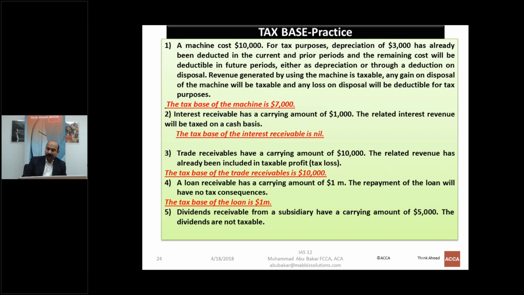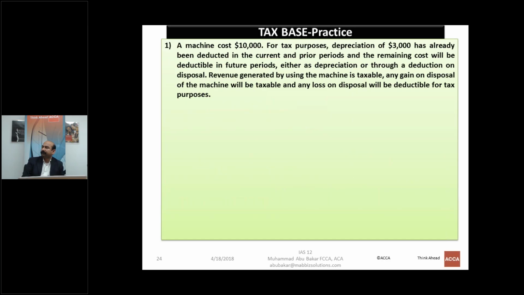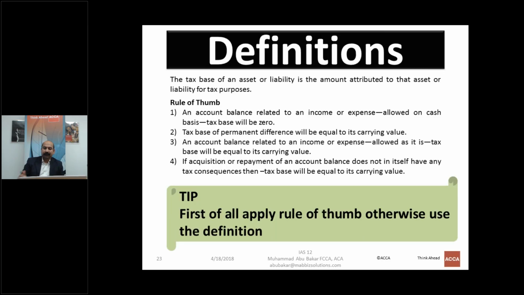Okay, if we just go back to the rule of thumb, this is a dividend receivable, an asset, which is not taxable. This income is not taxable, so this means this is a permanent difference. If it is written that this is not allowed for an expense or for an asset, that is a permanent difference, which will never reverse.